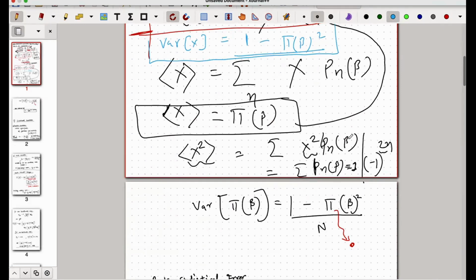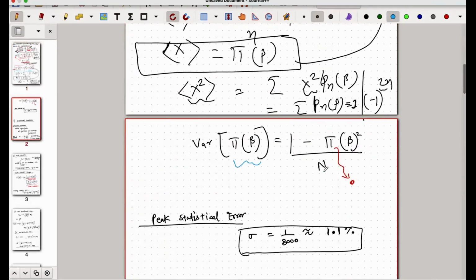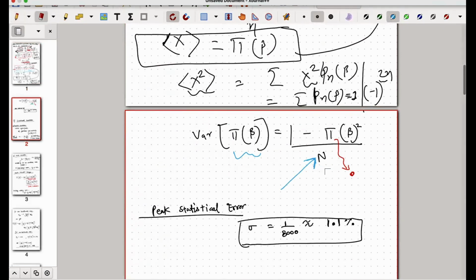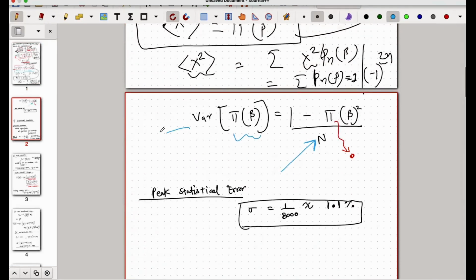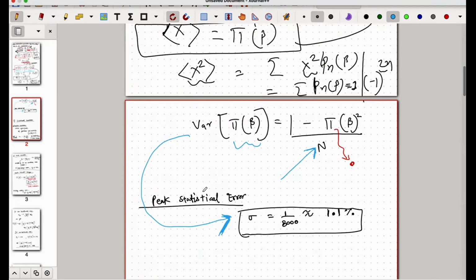This is just for a single event. Now we are repeating this process for 8,000 events to improve the statistics. So the variance in π(β) will come with this factor of the number of counts that we are taking for a single point in phase space. Then to find the standard deviation with the condition of peak statistical error, we need to put this π(β) as 0.